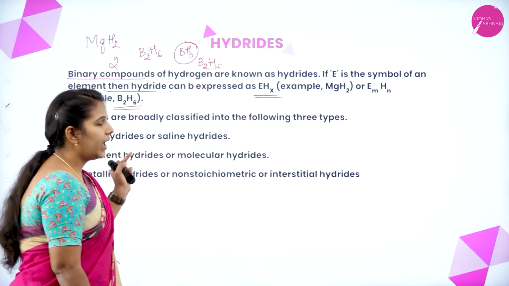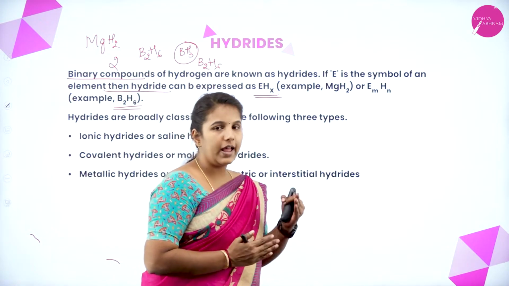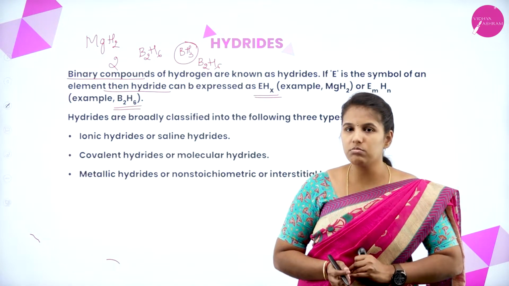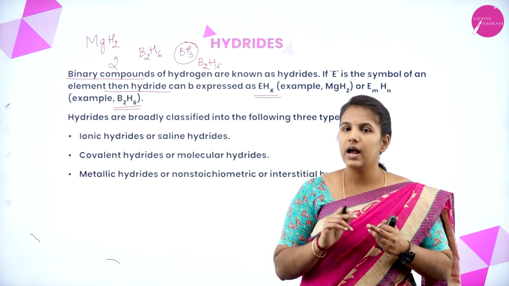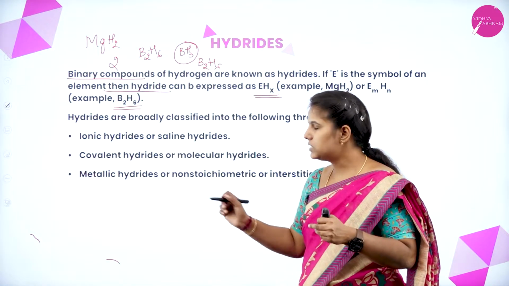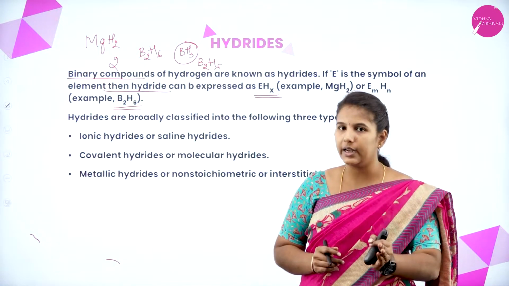Once we have understood about the hydride, we need to know about their types. There are 3 types of hydrides: ionic hydrides, covalent hydrides, and the last one is metallic hydrides.